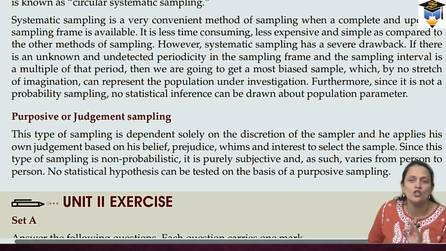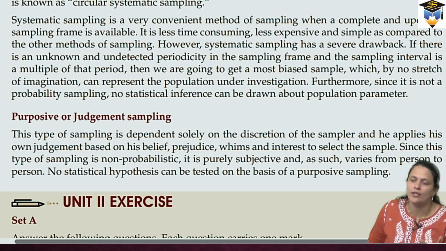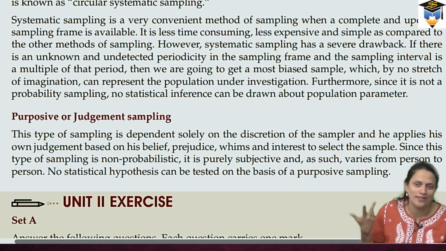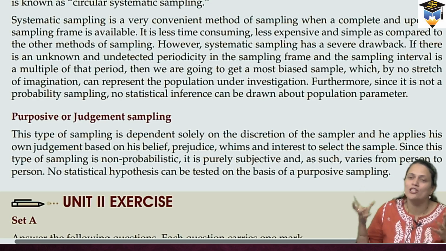This type of sampling is non-probabilistic, it is purely subjective and it varies from person to person. Of course, no statistical hypothesis can be tested on the basis of this. I don't know why this sampling is included, but they do take it.